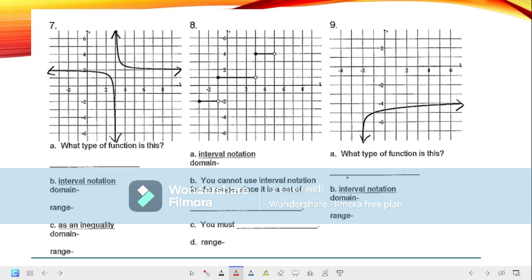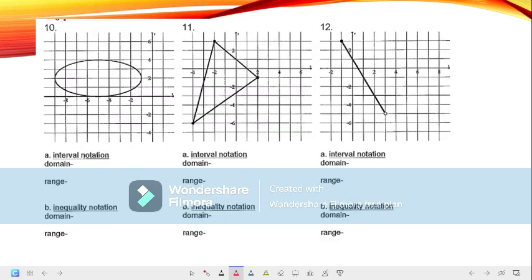Okay, so let's proceed. For number 10, you have this. Number 11, you have a triangular shape. This one is an ellipse. Number 12 is the graph. This is a solid dot, and this is an open circle or a hollow circle.